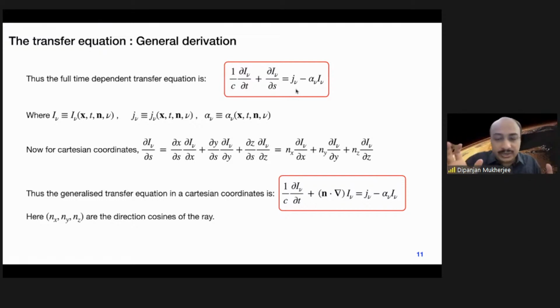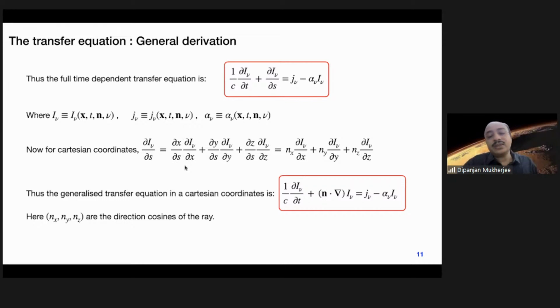Now we can recast this. One must remember that this particular equation is along a particular ray. When we are doing a computation in a domain, it's much easier to fix the geometry of the system and consider rays going in different directions. So if your coordinate system is fixed, then instead of integrating along a given ray, you would prefer to integrate along the given directions of the coordinate system. For example, with a Cartesian coordinate system, you can apply the chain rule and recast the derivative along the particular direction as del x del s times del I nu del x, and so on.